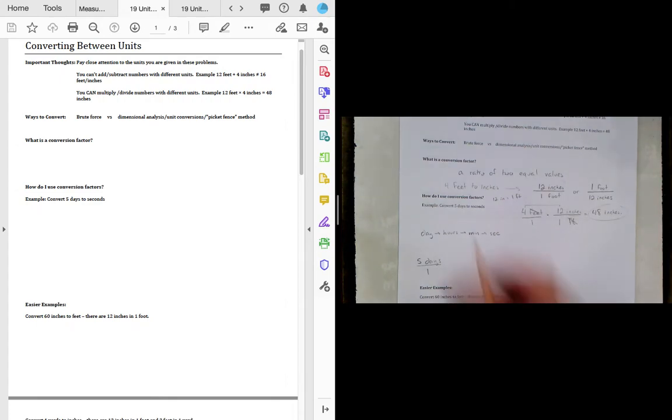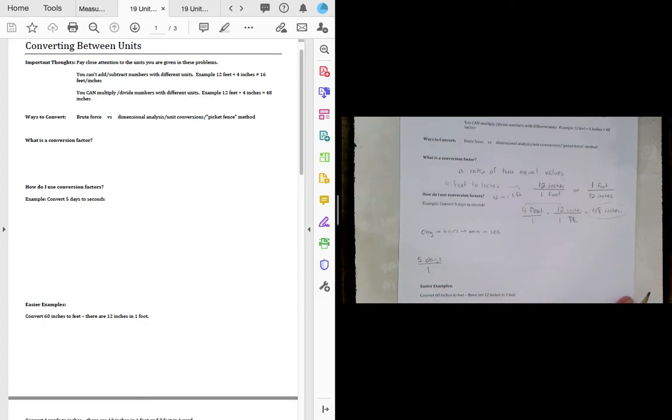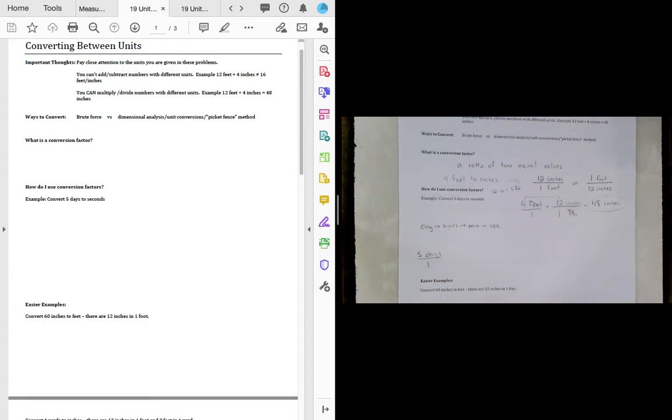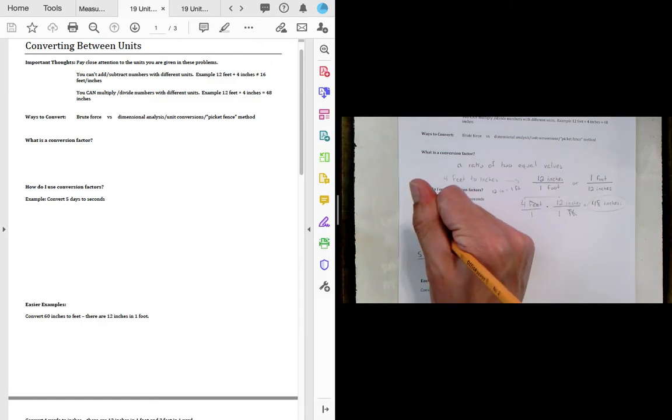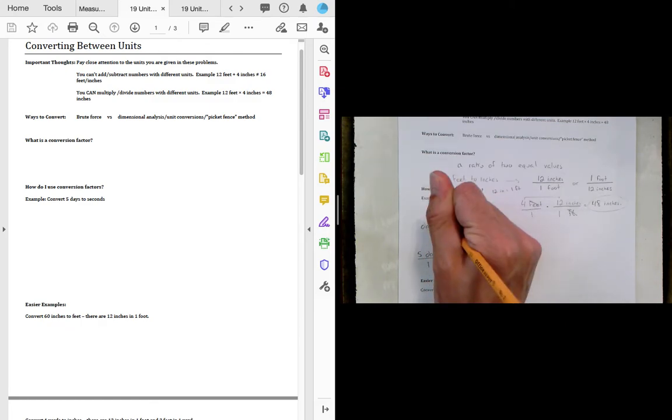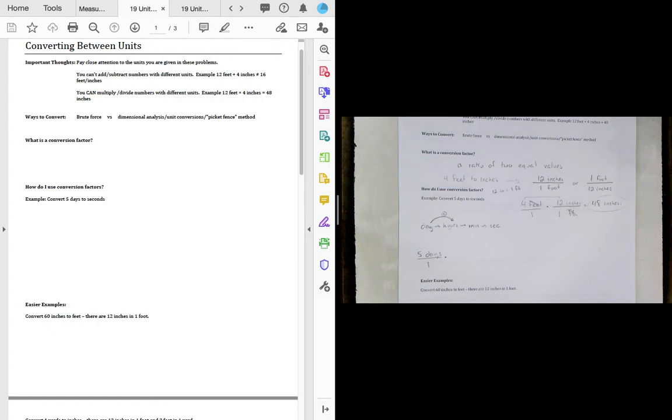And so the process of converting is going to go like this: days to hours, hours to minutes, minutes to seconds. Which means we're going to need lots of conversion factors in this problem. But if we do it one conversion factor at a time, it won't get so overwhelming. The first conversion factor we want to use is the one that goes from days to hours. I'm labeling this as conversion factor number 1.